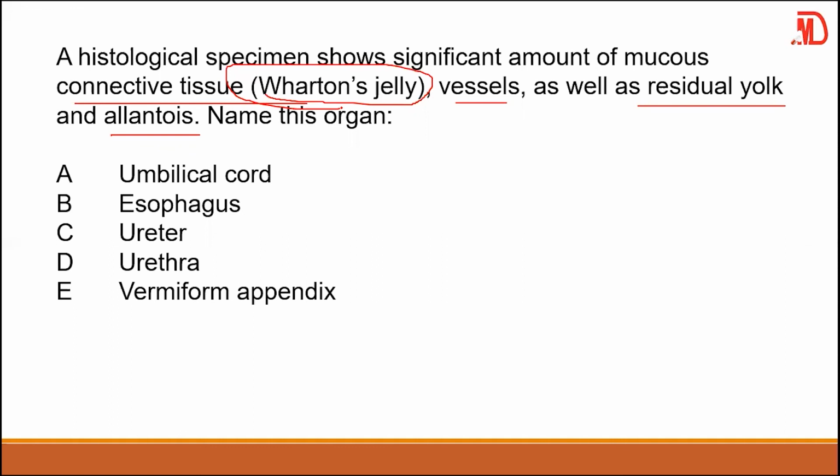And some of you don't know this one: the umbilical cord contains two arteries and one vein. Like I said, all this cord is buried inside this jelly. And of course, it contains some remnants of the yolk sac and the allantois.